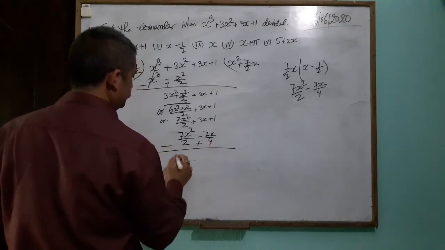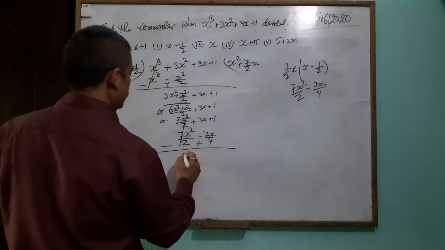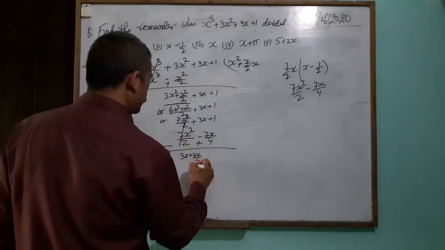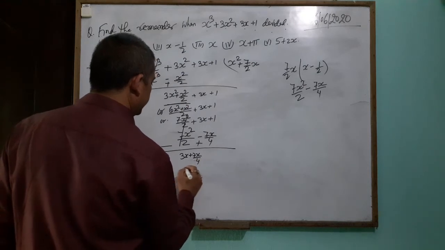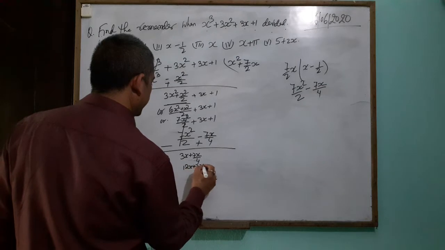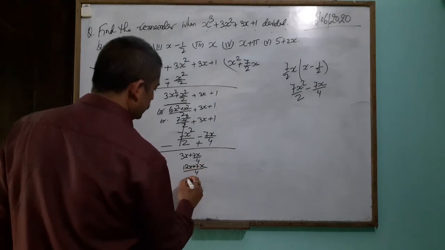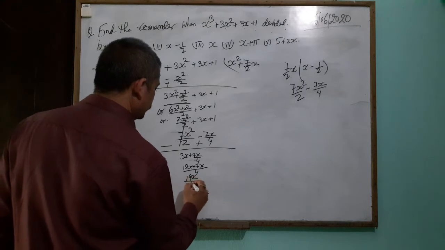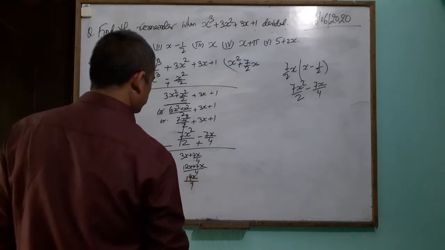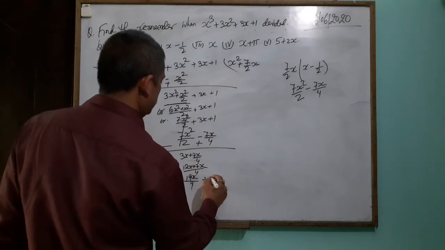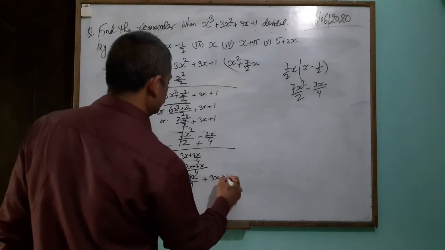Minus plus cancel. So 3x plus 7x by 4. We simplify that: 12x plus 7x by 4, or 19x by 4, plus 3x plus 1.